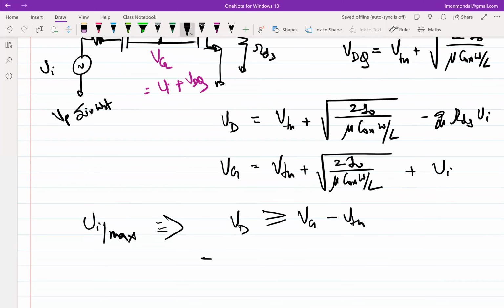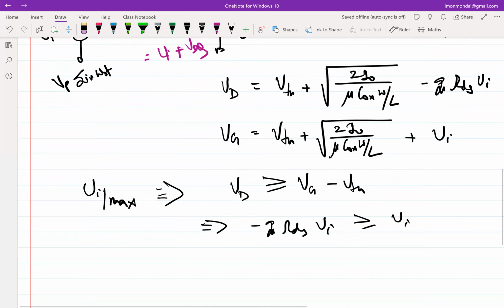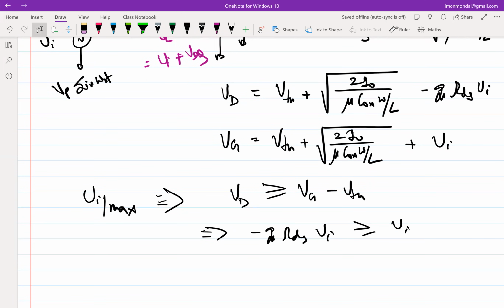Right, so if you simply replace it, you get to the good old thing, right? So this is minus GMRDS VI should be greater than VI minus VTH, because the other part is common. Okay, minus VTH.